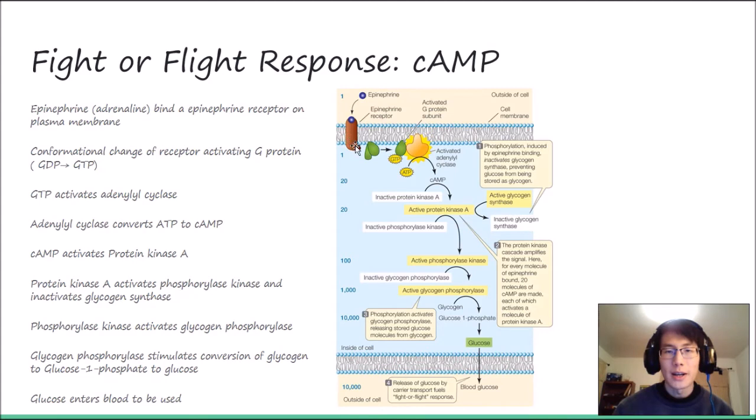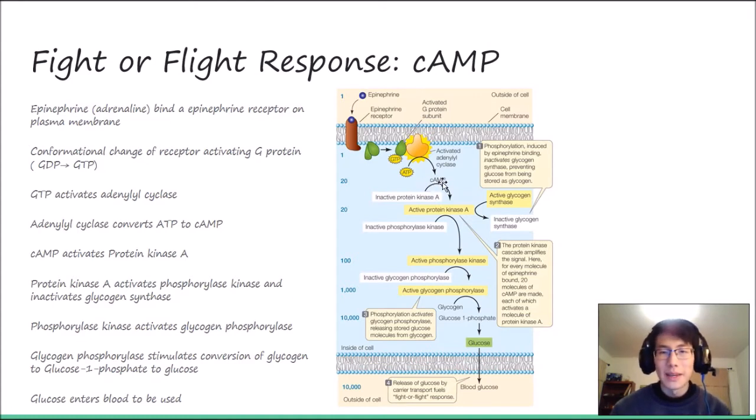That causes a conformational change in the receptor, which activates the G protein by adding a GTP onto it instead of a GDP. The activated alpha subunit then activates adenylyl cyclase, which converts ATP into cyclic AMP.